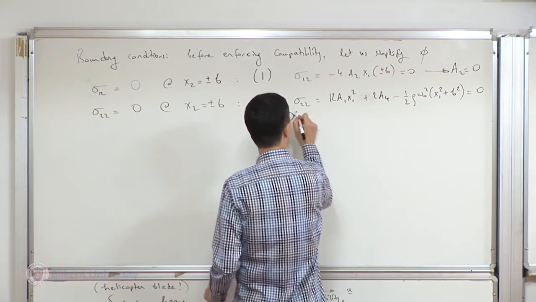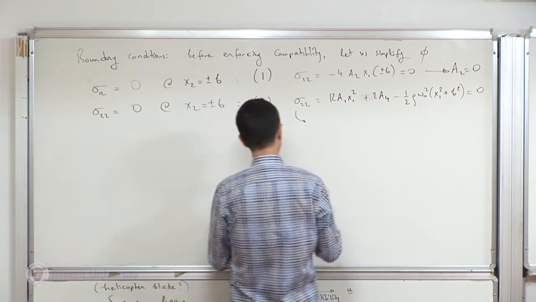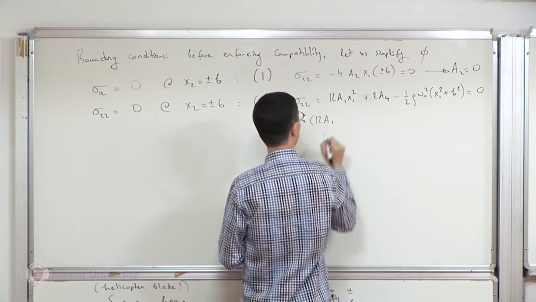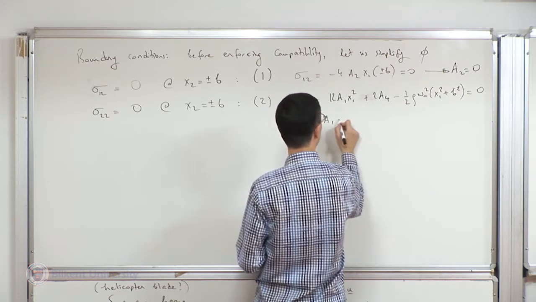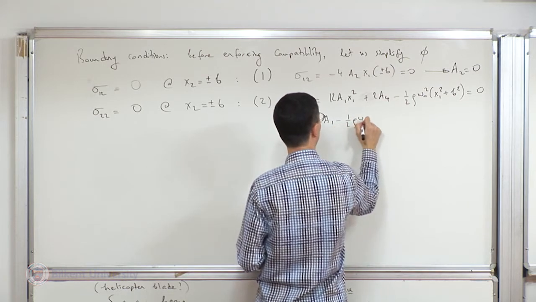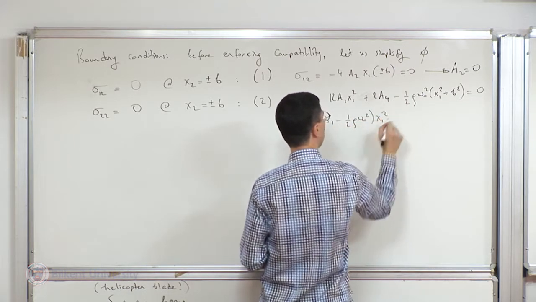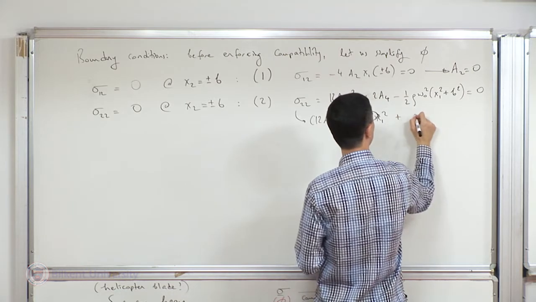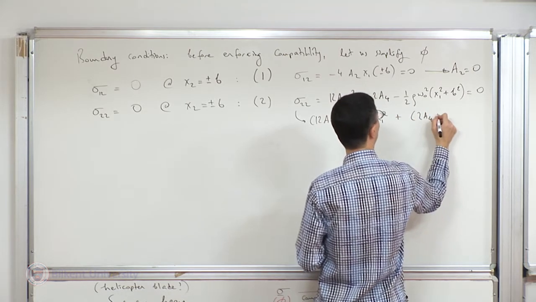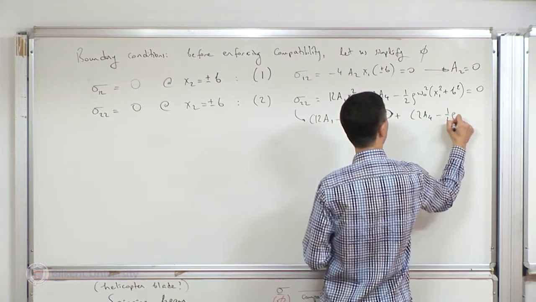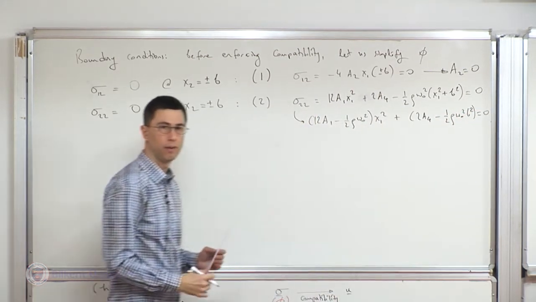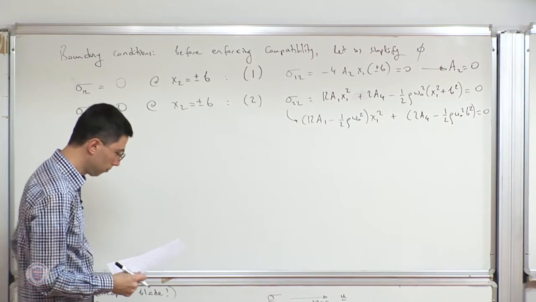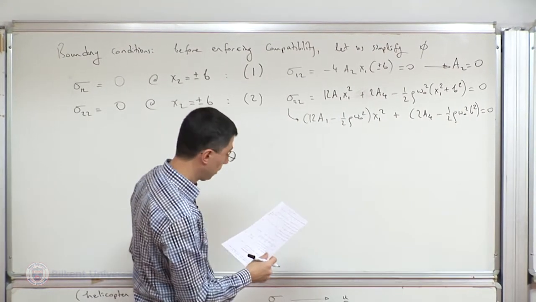Okay, so then I can collect terms here. So 12a1, right? There is an x1 squared factor likewise here, minus 1/2 rho omega naught squared x1 squared, and then plus 2a4 minus 1/2 rho omega naught squared b squared equals 0, right? No mistakes.